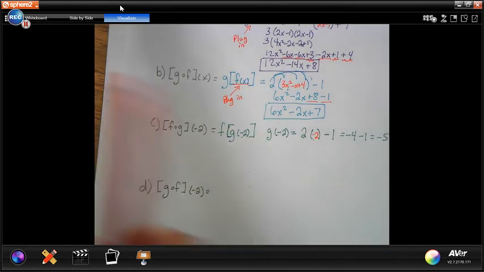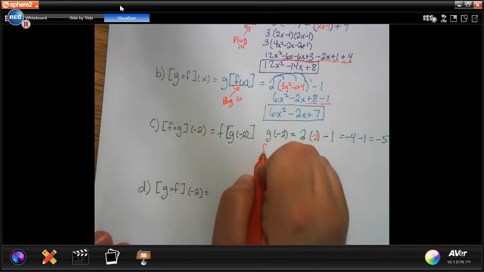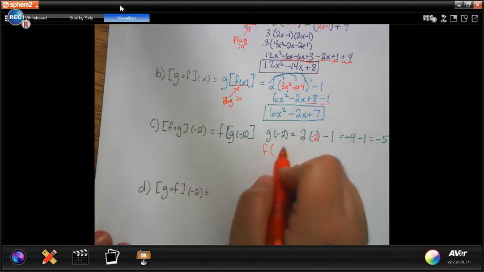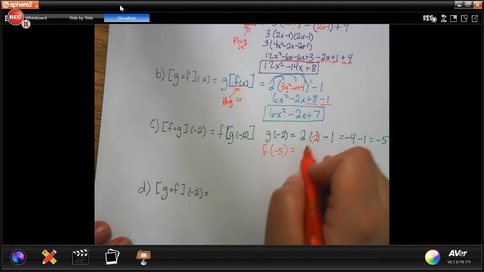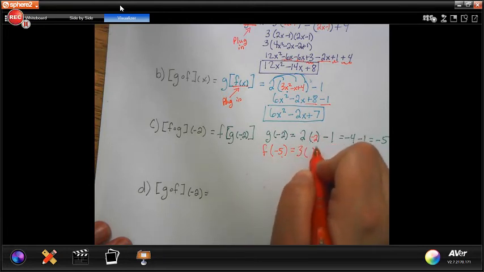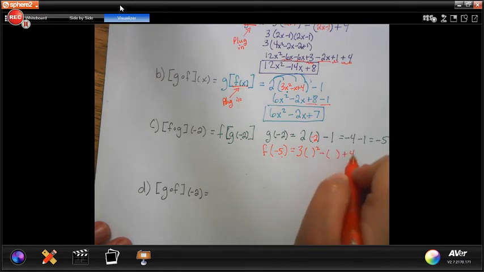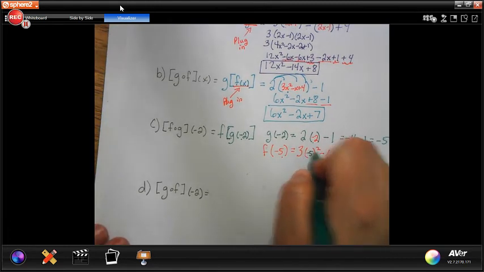Okay, so now we can replace g of -2, and we have f. g of -2 we found is -5. So the f function, 3x squared minus x plus 4. -5 is our x.